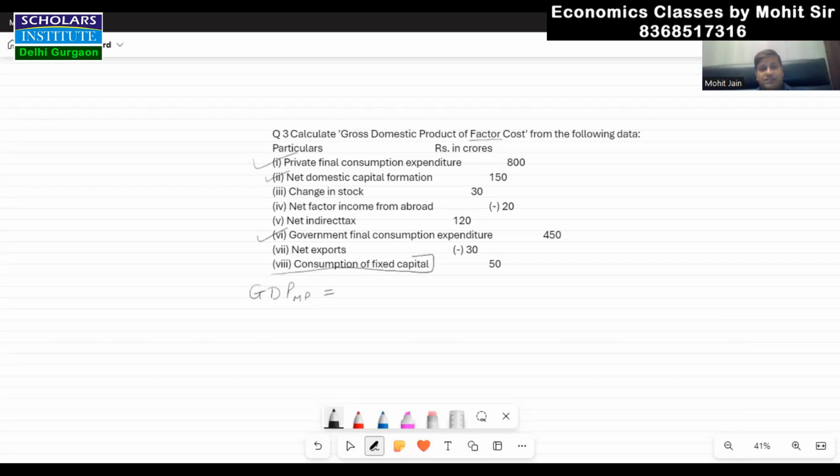Depreciation is consumption of fixed capital. So if you add this to this, we will get gross domestic capital formation. We don't need to add change in stock in this case because they have not given you net domestic fixed capital formation. They have not given you this.